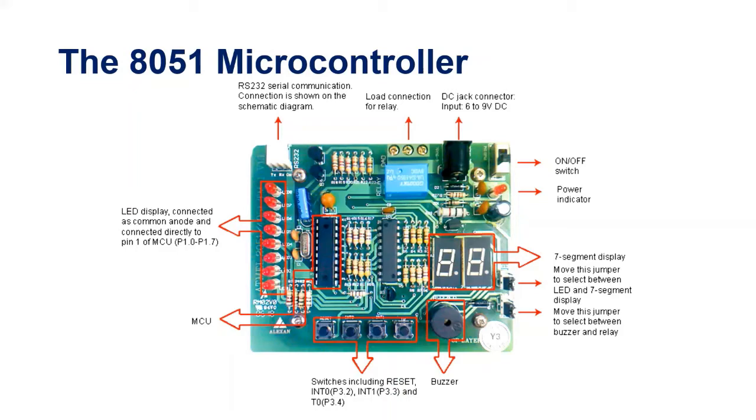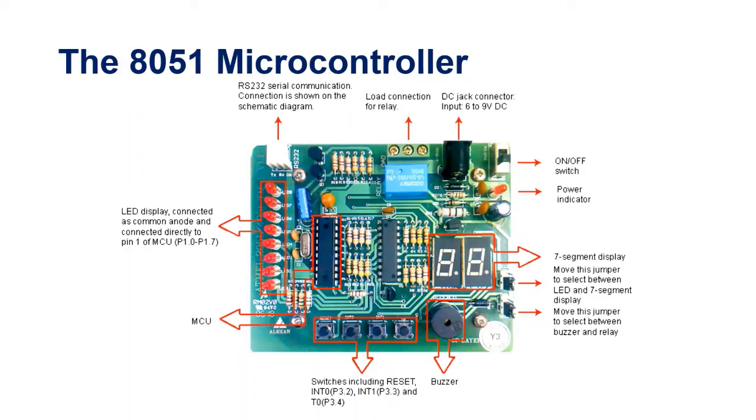I-discuss natin yan in detail sa mga susunod nating discussion, particularly kapag magkakaroon na tayo ng actual programming dito sa 8051 MCU. Okay, so these switches act as the input part of this training module. Kasi ito yung pipindutin natin or gagawa natin ng program so that kapag pinindot natin yung switch na yan, magki-create siya ng definite output base doon sa pinrogram natin.